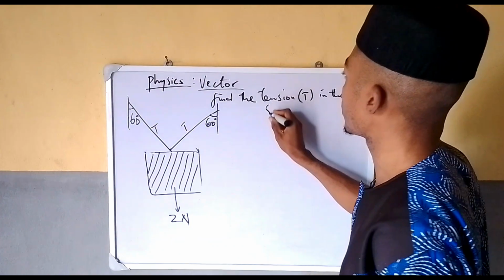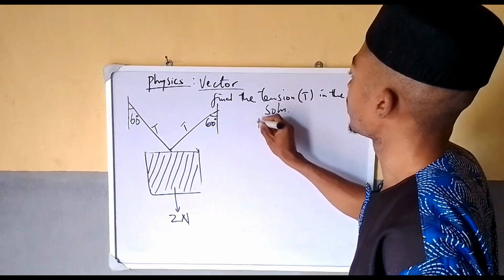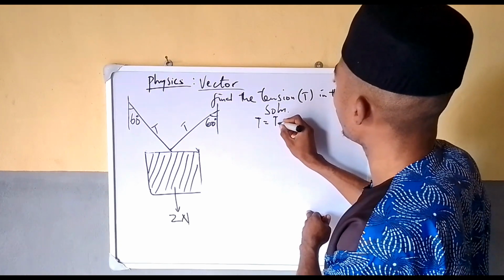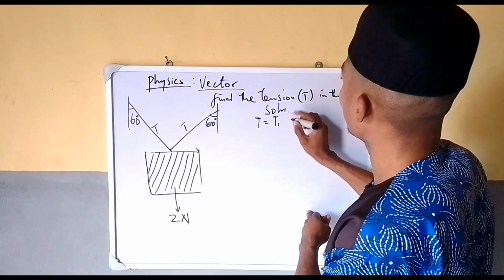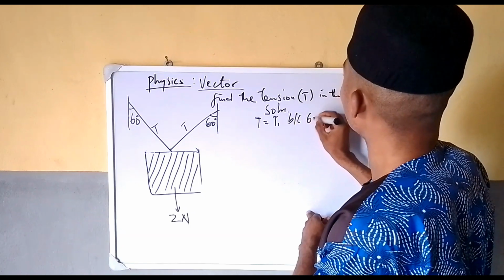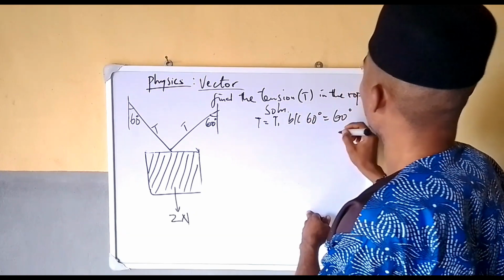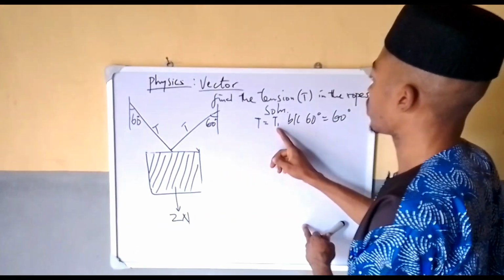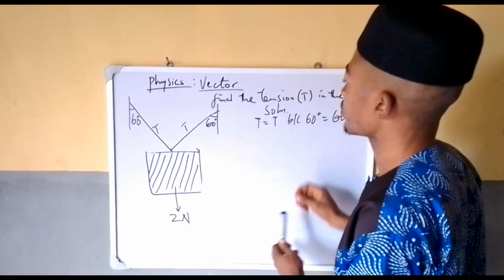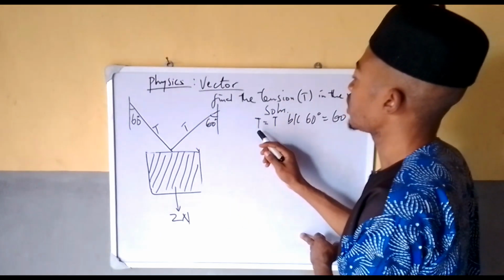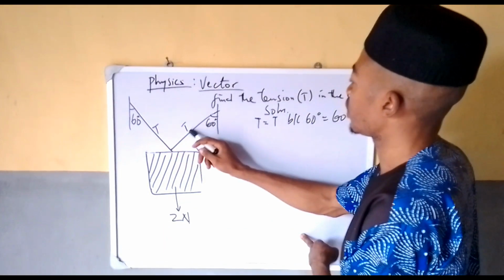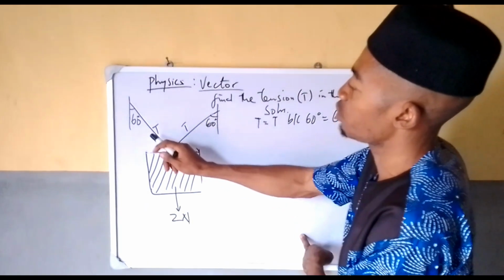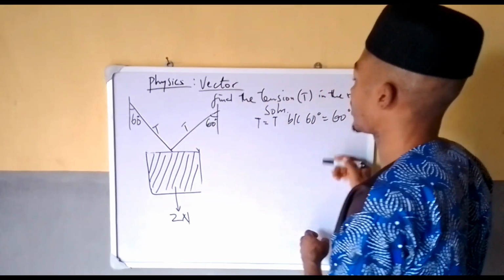So in resolving this, you should also know that T here, the tension in the first rope, is also equal to the tension in the second rope, because sine 60 is equal to sine 60, because both ropes are inclined at the same angle to the wall.